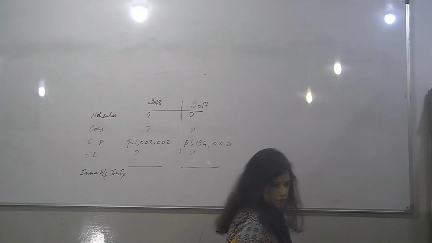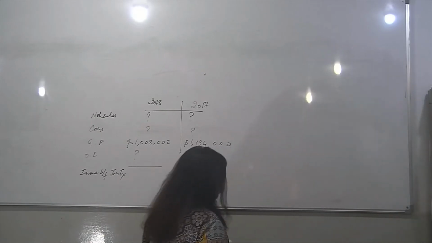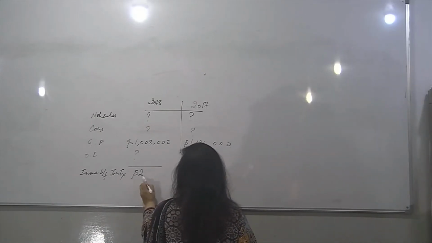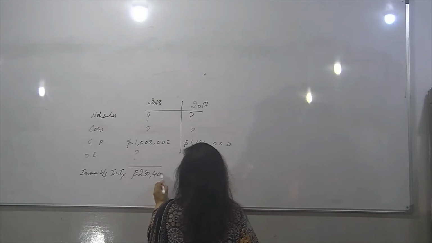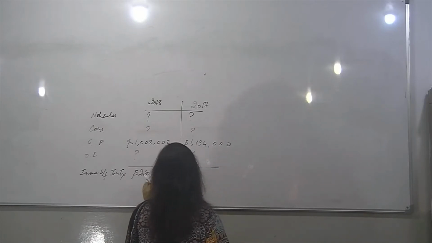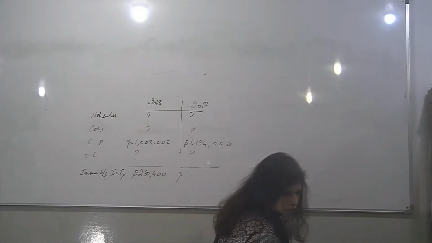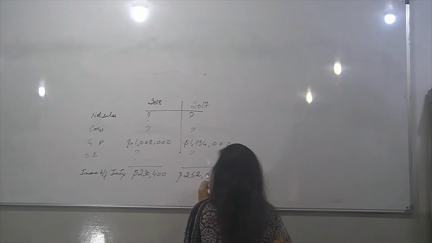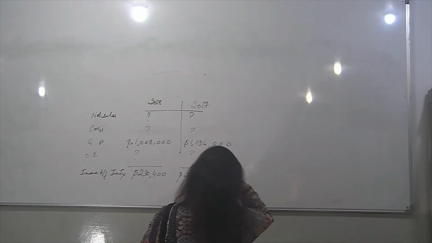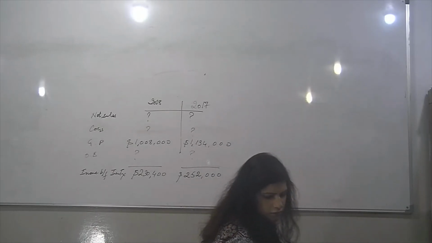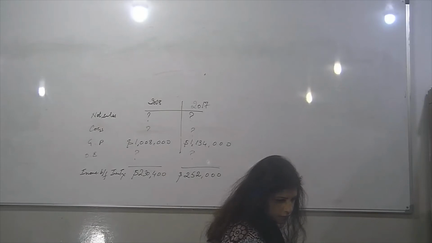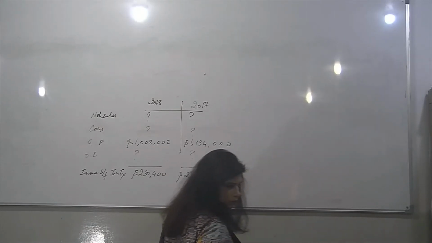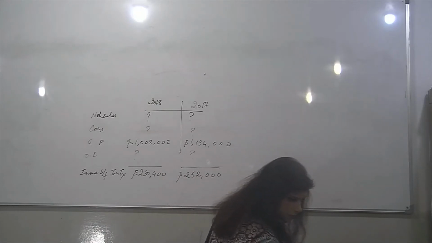Which is 230,400, and we have 252,000. Okay. Then we are to find out net income, which is 172,000 in this case.